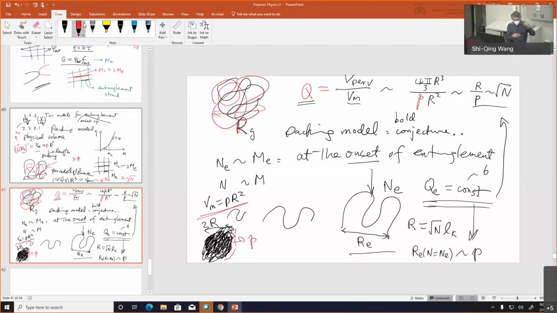Remember how I did it? Right? I just collapsed this open coil into a pancake, right? Next to each other, collapse them. And I find the thickness, and that thickness turned out to be p. Therefore, that p is reflecting the diameter of the chain, which I called molecular thickness. So if I tell you that styrene is very thick and polyethylene is very thin, you probably will not object to me.